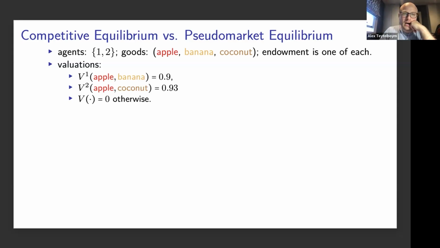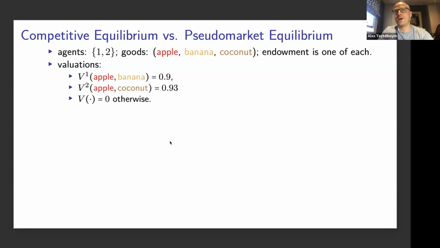And what I claim is that in this case, you can support this by competitive equilibrium prices. So the question is, what are these competitive equilibrium prices? You can stare at this a little bit and say, well, they both want the apple, so the apple needs to be expensive. And agent 1 doesn't want the coconut, so the coconut can basically be free. The coconut can cost nothing. And you just need to price the other agent out of the apple.